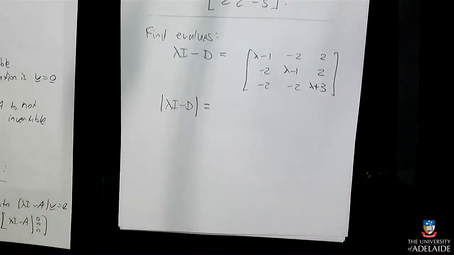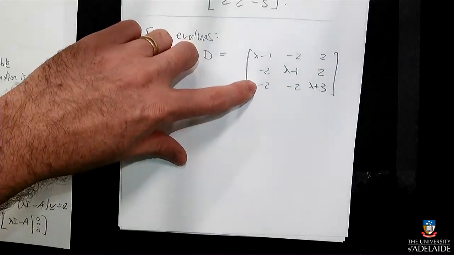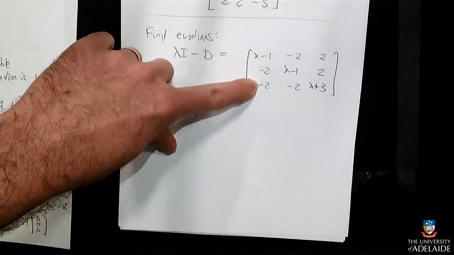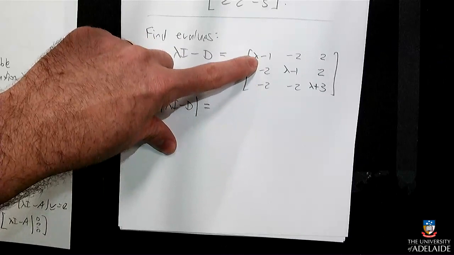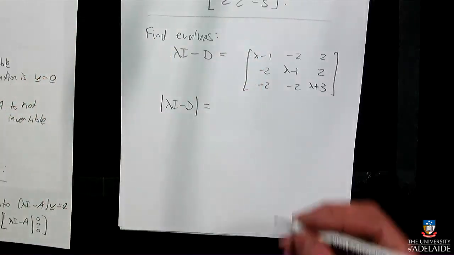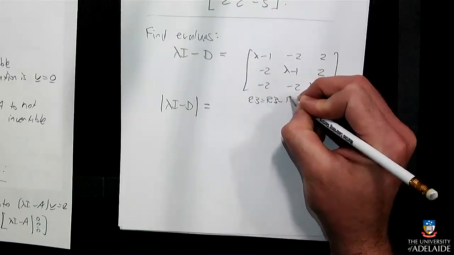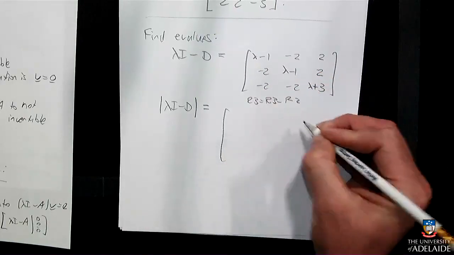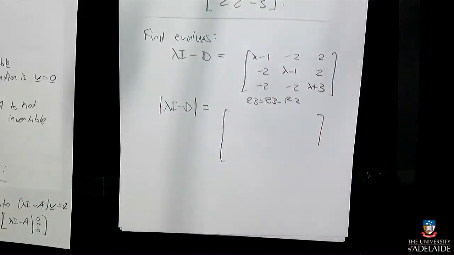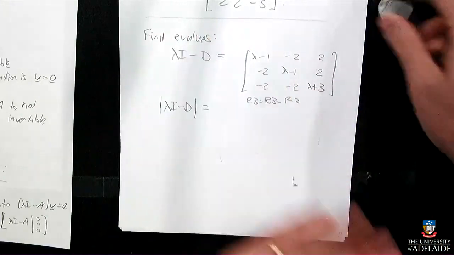So for example, if I did row 2 minus row 3, I get a 0 here, and that might be helpful. Working on determinants here.